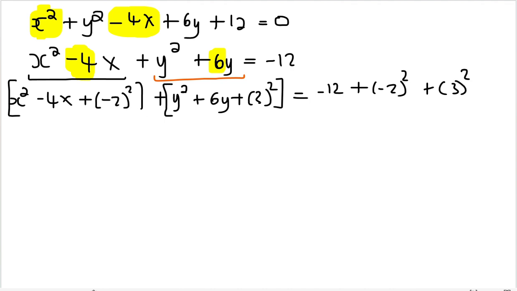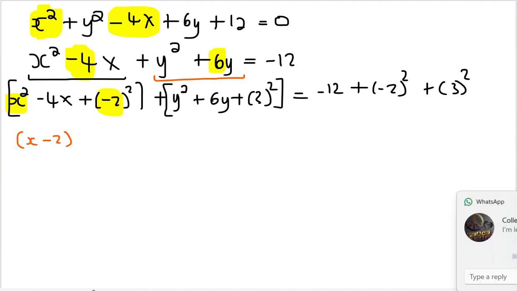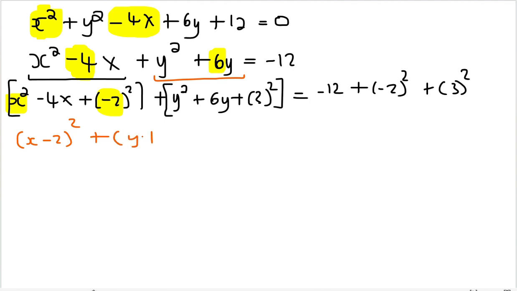So now after that, we know that this term here, x squared minus 4x plus negative 2 squared, we simply have to take this x here and this negative 2 here, and then you write them like this. It's x minus 2, squared, and then plus, now you put y plus 3 squared.